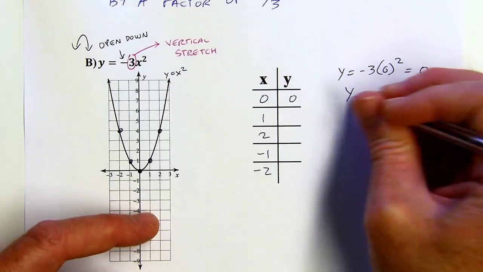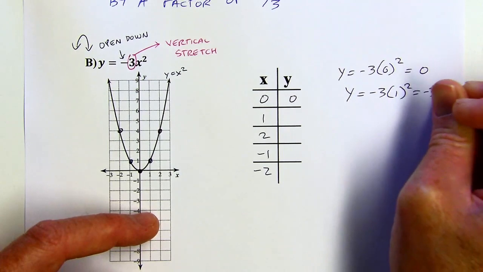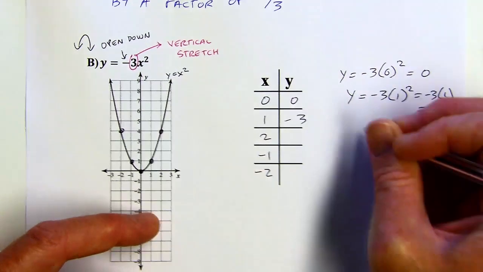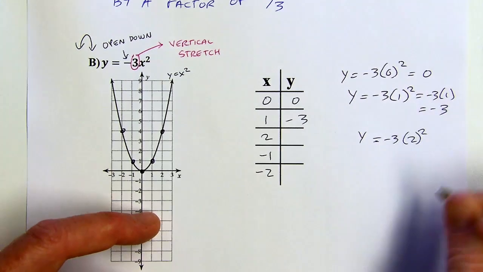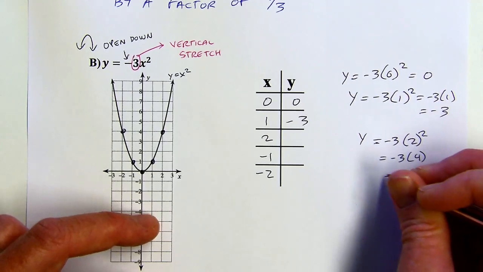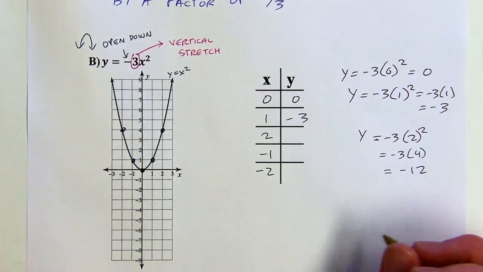Okay, when I plug in a 1, so I'm going to get -3 times 1, which is -3. When I plug in a 2, I'm going to do the squaring first. So I got -3 times 4. That's going to be -12. Okay.